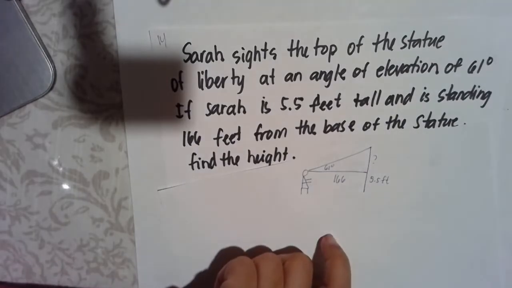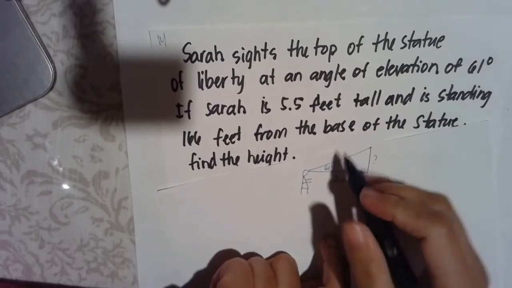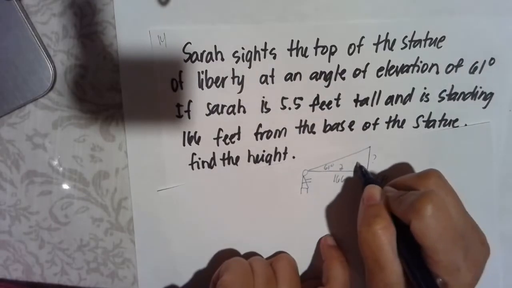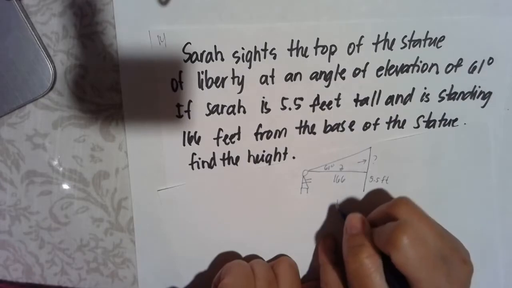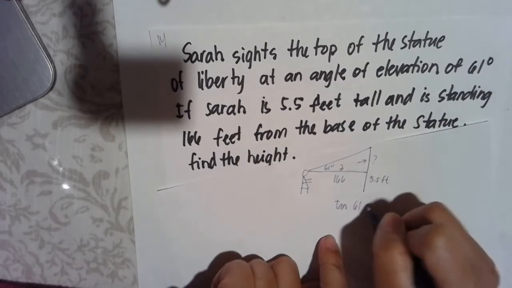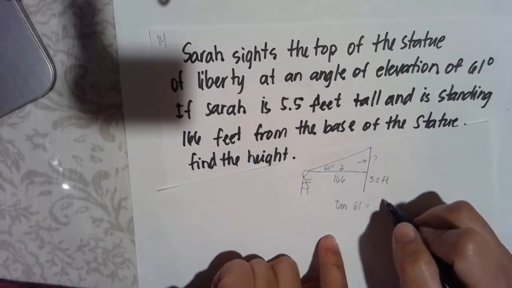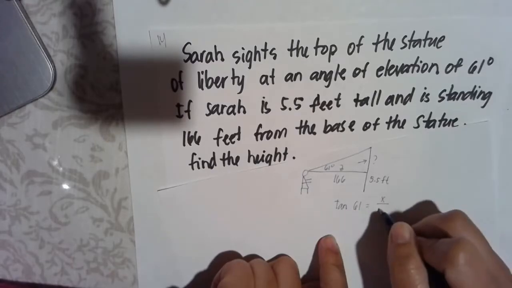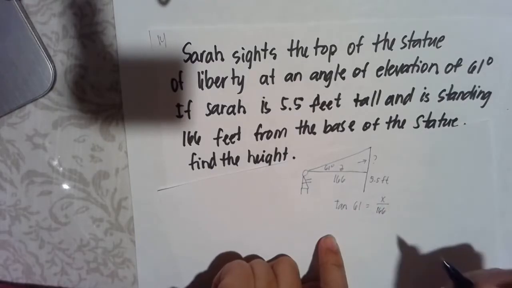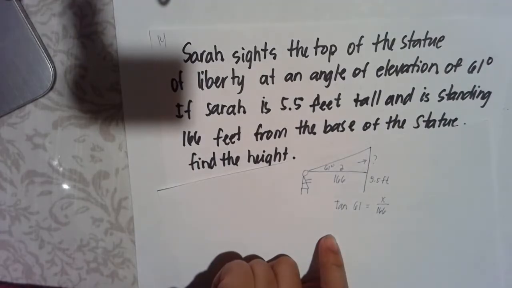Okay, let's start. So opposite over adjacent is tangent. So tangent of 61 is equal to opposite, which is unknown, over 166, which is your adjacent. So multiply.